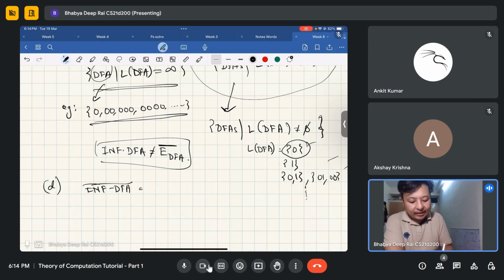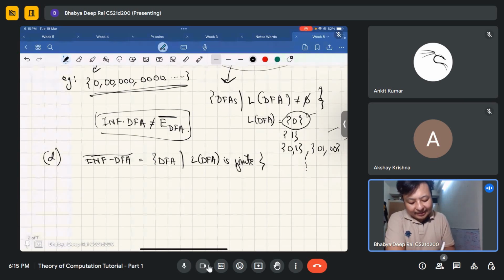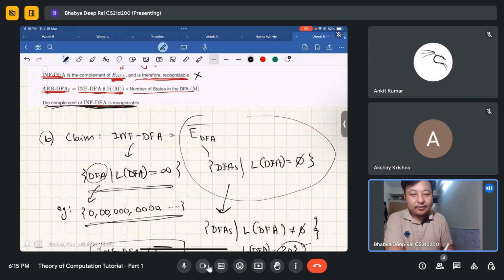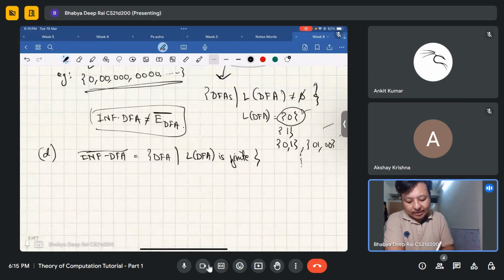Complement of inf DFA is all those DFAs such that the language of the DFA is finite. Now, what does it mean when the language of a DFA is finite? Now we are asking, is this recognizable? The option is saying the complement of inf DFA is recognizable.